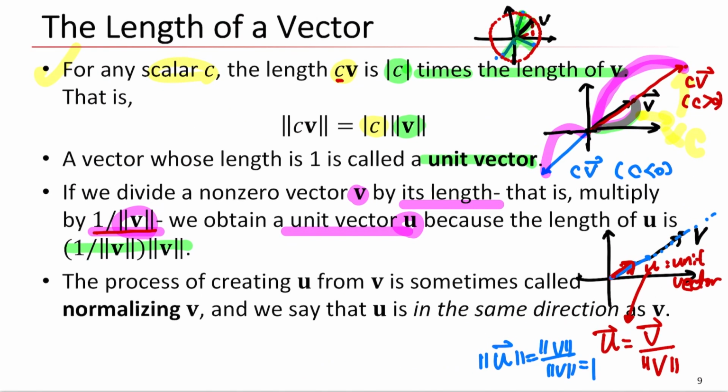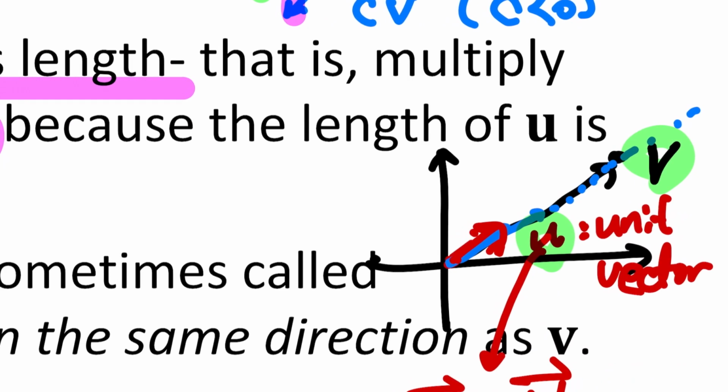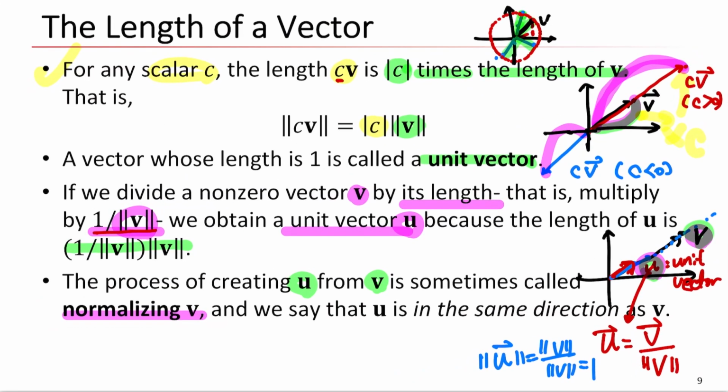This process of creating u from v is sometimes called normalizing v, and we say that u is in the same direction as v. As you can see here, u is in the same direction as v.